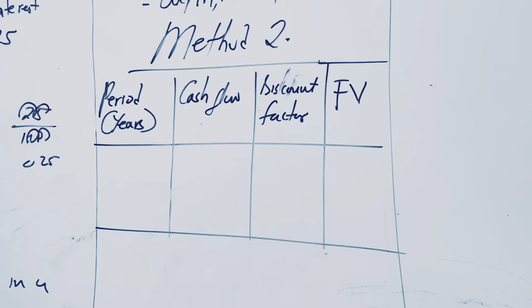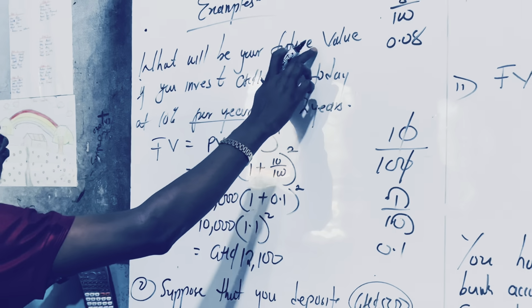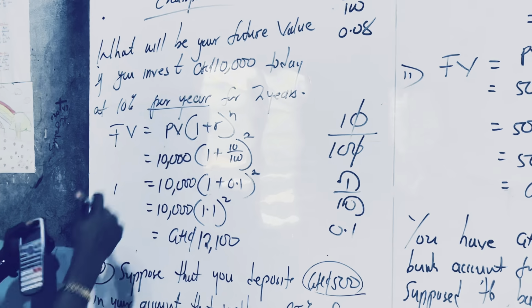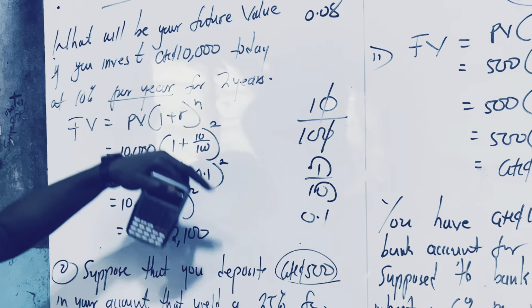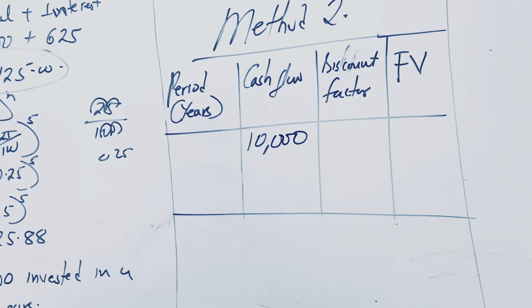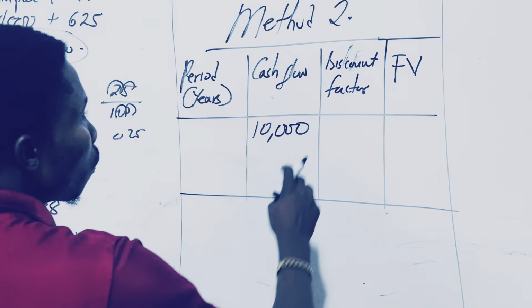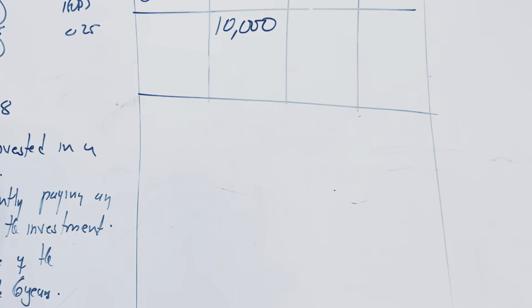So how do we do that? Let's use this question. What will be your future value if you invest 10,000 today for 2 years? So the 10,000 is your cash flow. And then what is our discount factor? Now this is your formula for finding the discount factor.